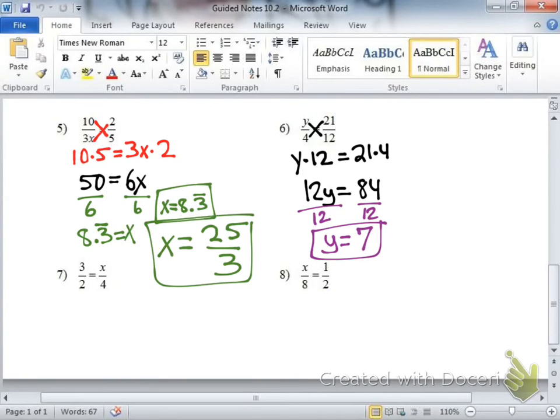All right, here's number 7. How should I start that one? You want to go this way? I'll go. Colin wants to mix it up. I'm going to go with Colin on this one. He wants to start on the bottom left and go to the top right. So he wants to do 2x equals 3 times 4.